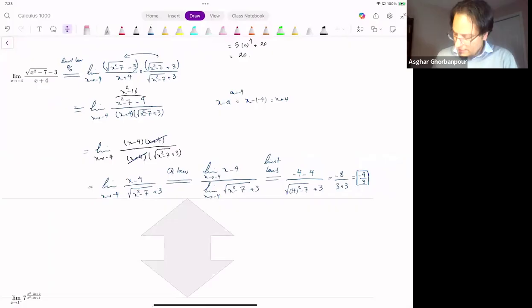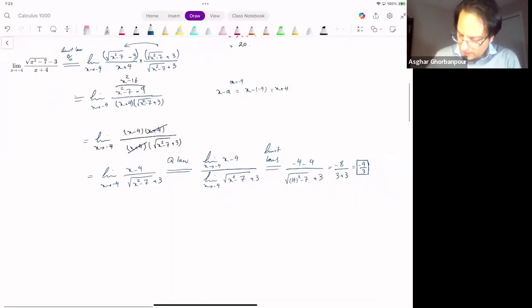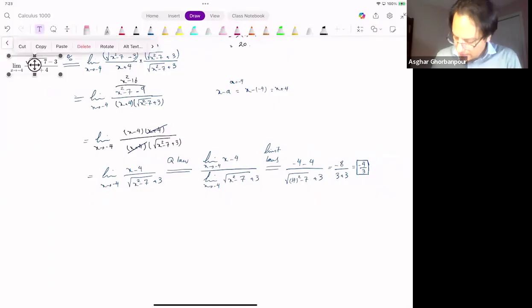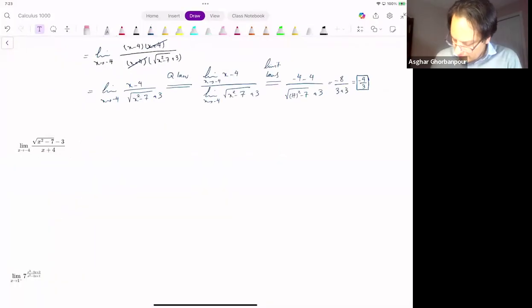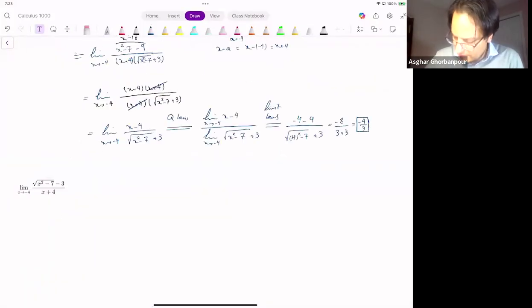Let me quickly do this with the other method as well, because that is also good practice, because you need to know the limit definition of the derivative. See, this is f at x, this is f at 4, this is x minus negative 4.